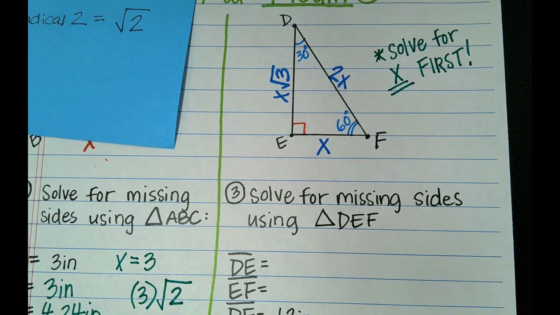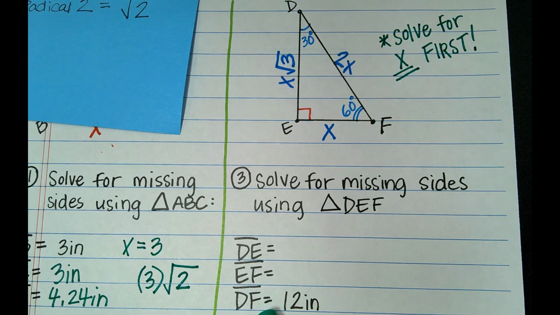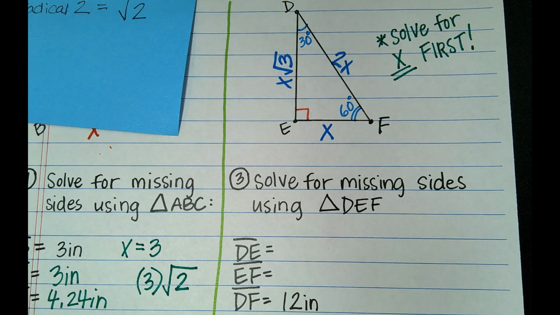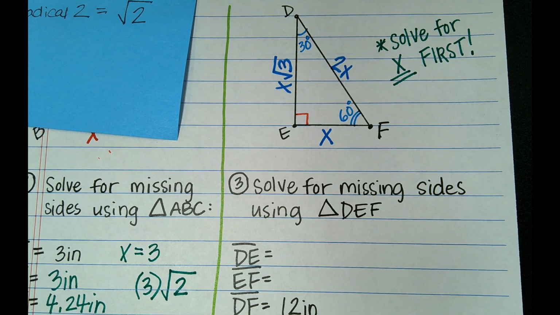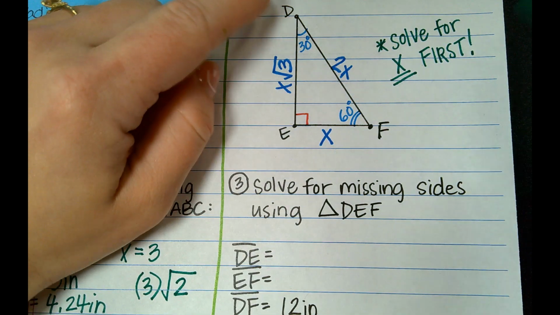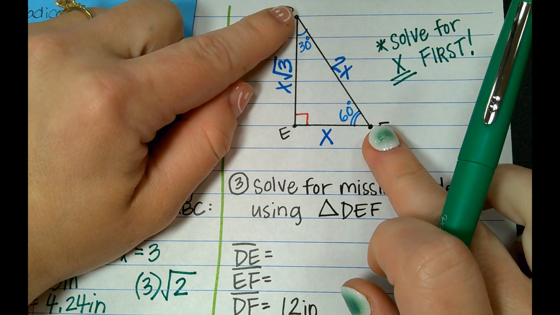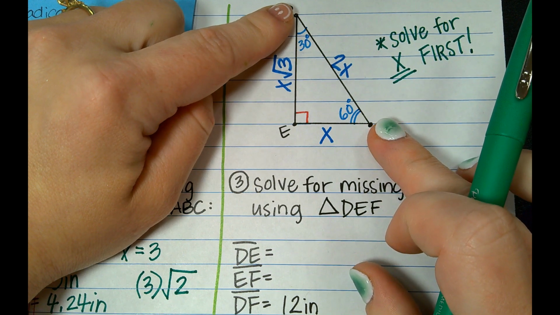So on number 3, just like I said, we have DF is 12 inches. What matches DF when we're talking about x values? What is the labeled length from D to F in terms of x? 2x.